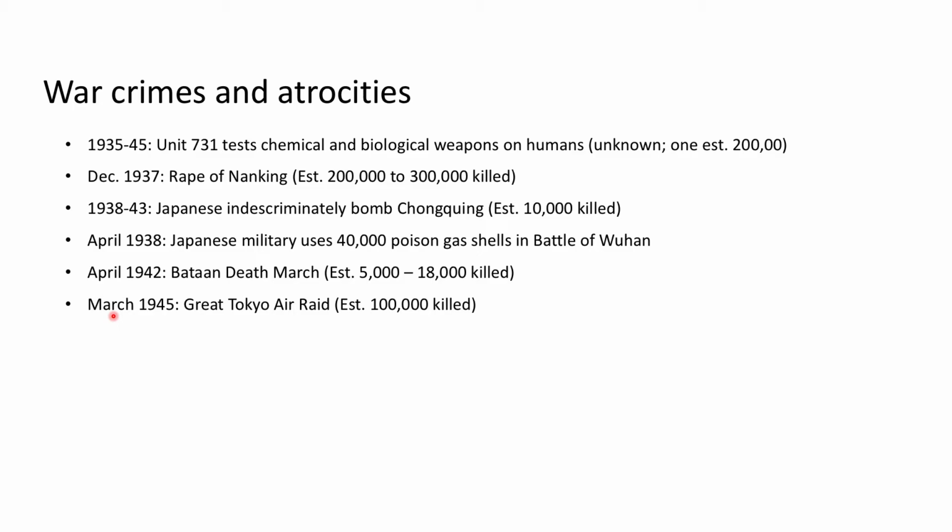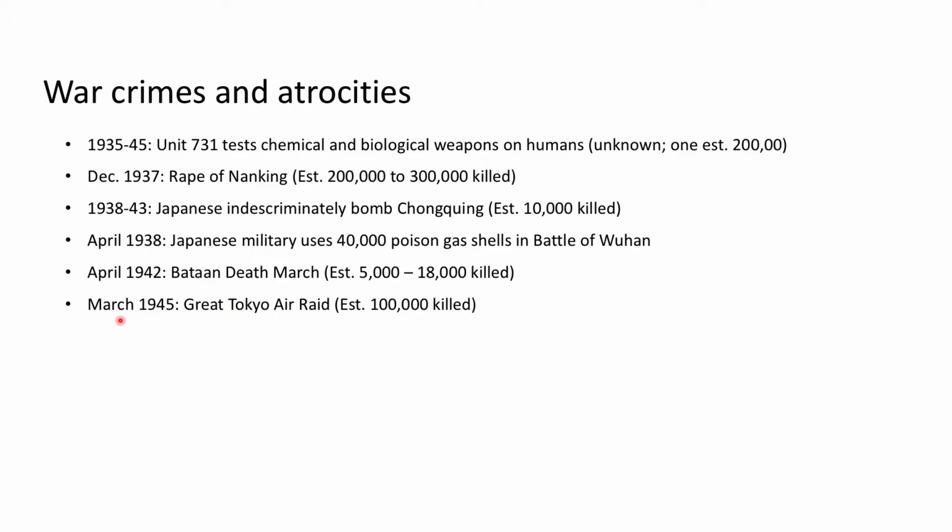And the thinking at this time was that through these terror bombings, the U.S. would be able to break Japanese morale and the will to carry on the war. This was the thinking at the time.